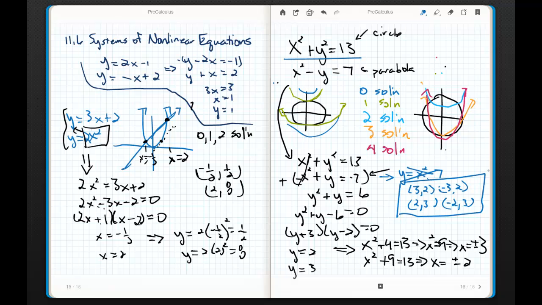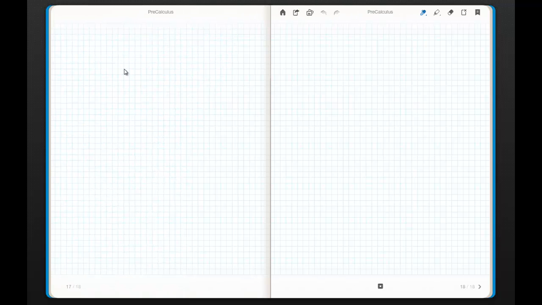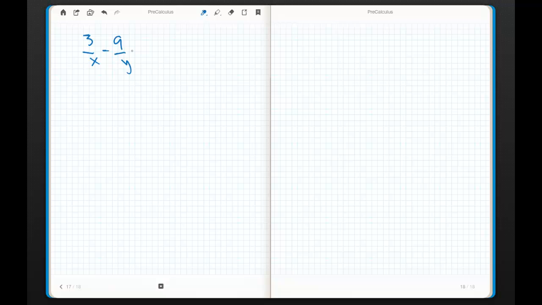One last gooey, nasty thing, and then let's do it real quick. Watch this. How about if I had something ugly like 3 over x minus 9 over y equals 5, and 1 over x plus 2 over y equals 2.